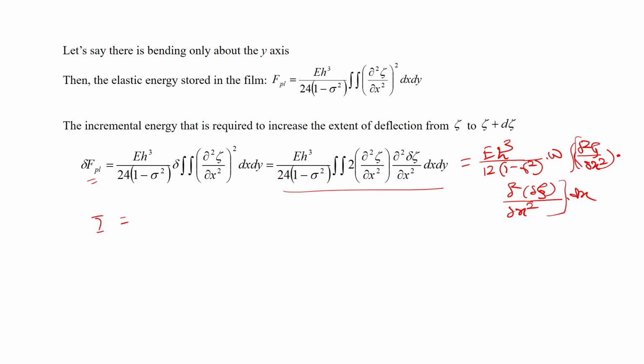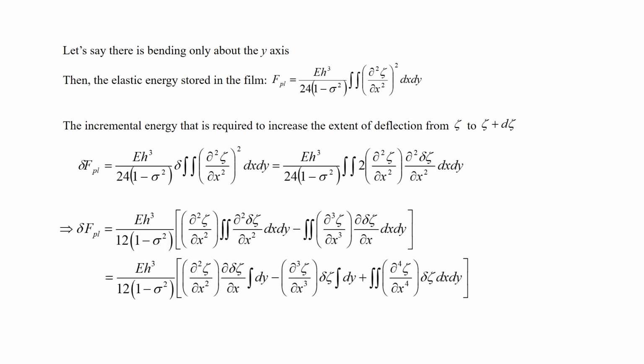Let us say it is I, and that is equal to the integration of del square zeta by del x square into del square delta zeta by del x square dx.